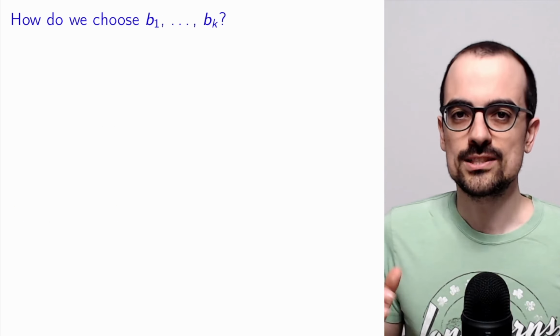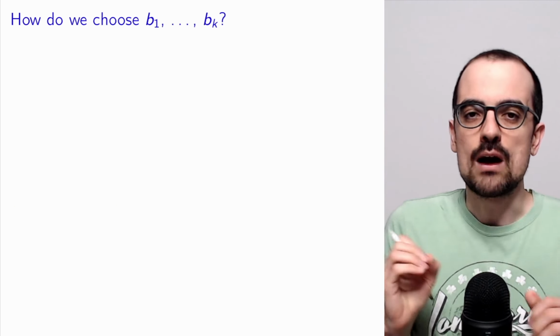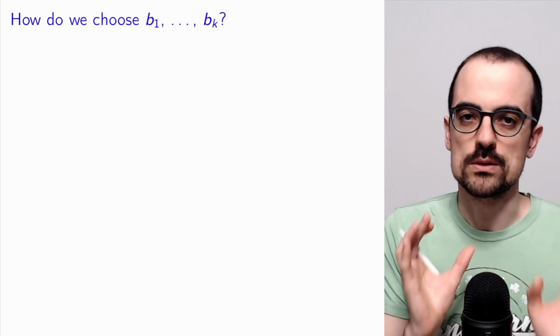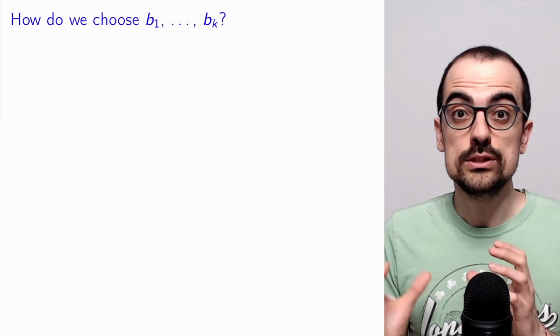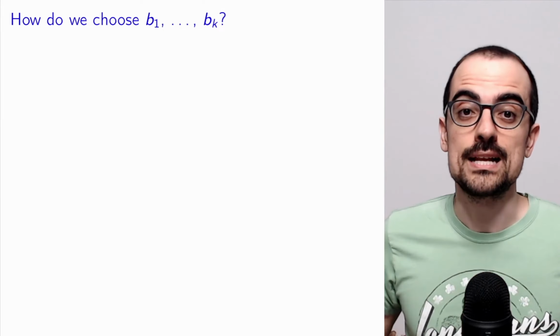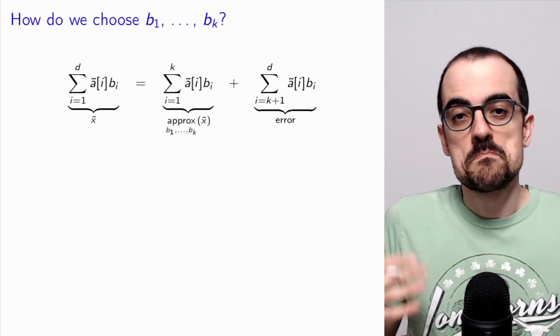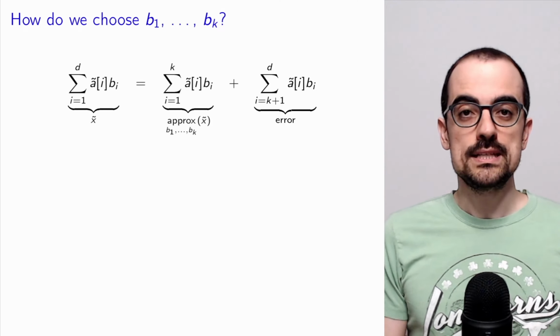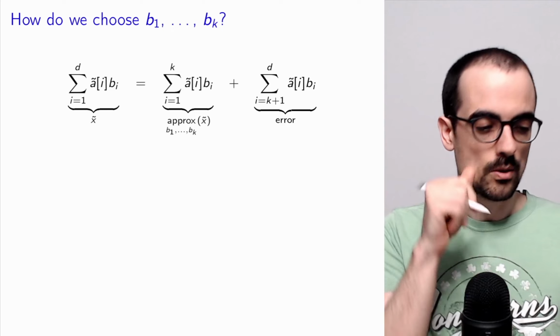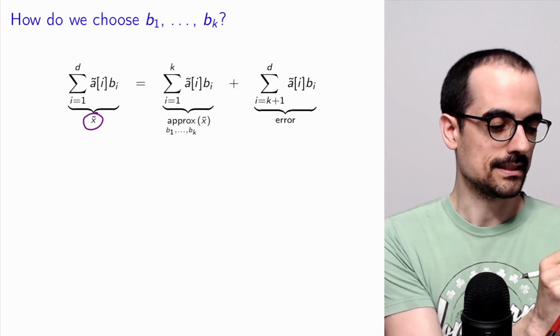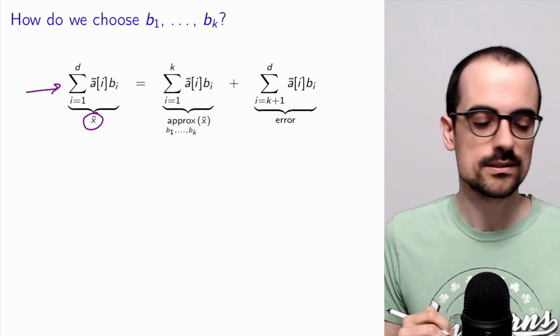Before that, let's consider a key question. How are we going to choose the subset of k orthonormal basis vectors that we're going to use to reduce the dimensionality of our random vector that represents our data? A reasonable way to go about this is to consider the decomposition of the original random vector, which, as we have said, can be represented in terms of the basis vectors.